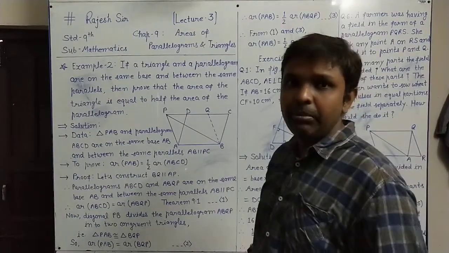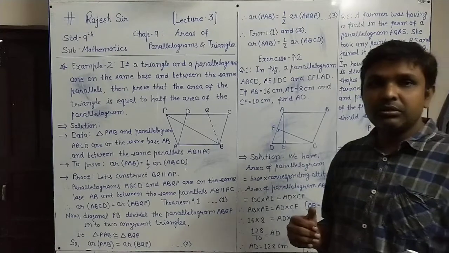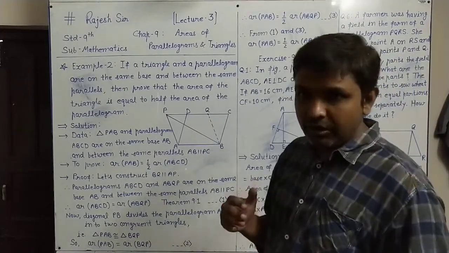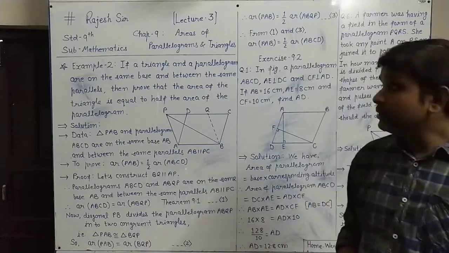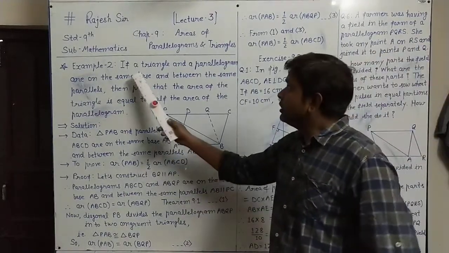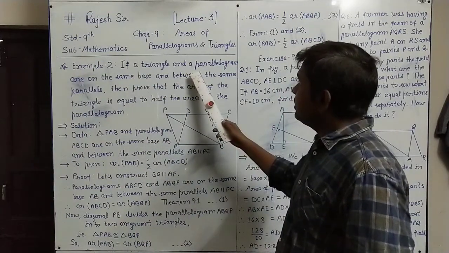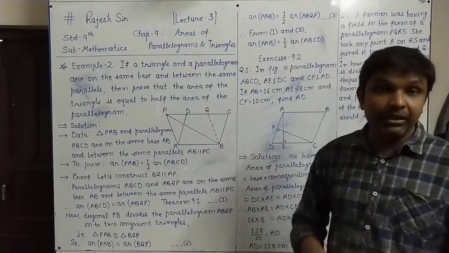We are doing the examples based on parallelograms having the same base and between the same parallels, theorem 9.1. So example 2 is: if a triangle and a parallelogram are on the same base and between the same parallels.